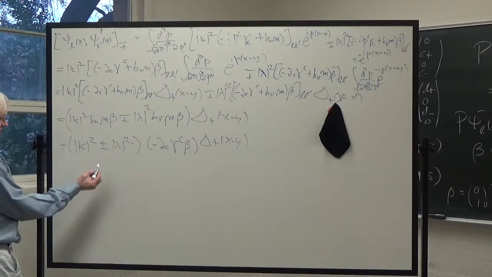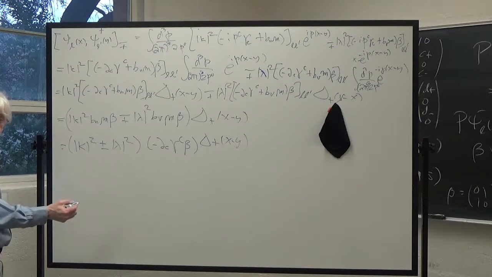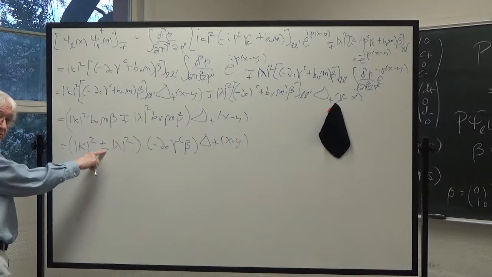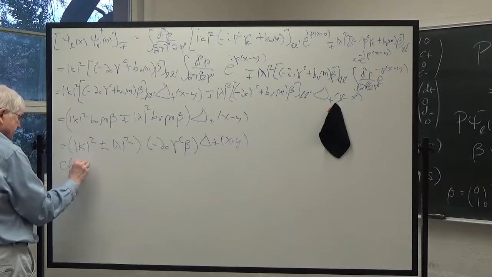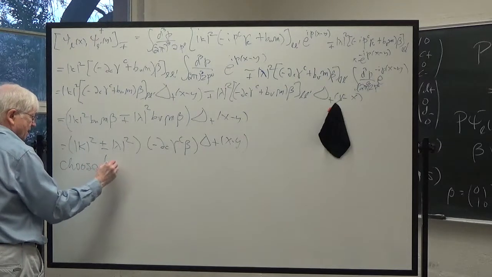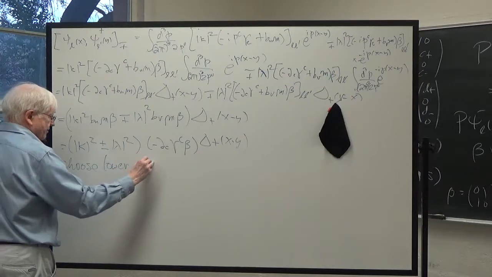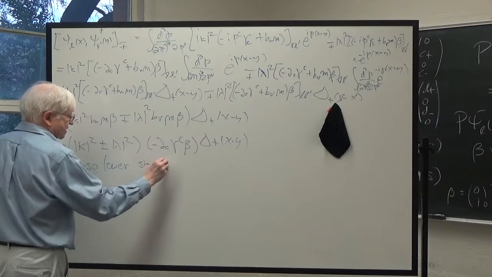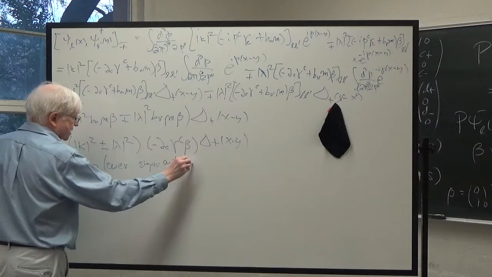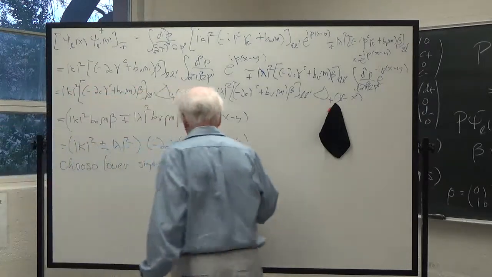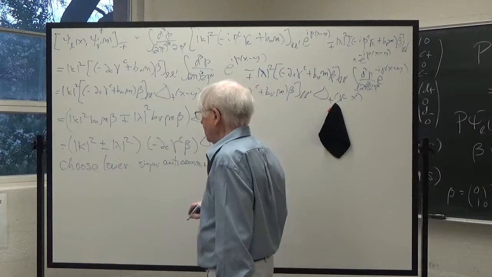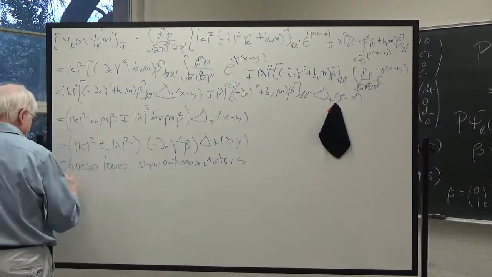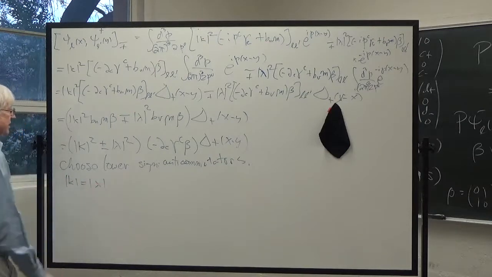Okay, so what we see here is we have to choose the lower sign, which is to say, use anti-commutators. Also, we have to set kappa equal to lambda, an absolute value.